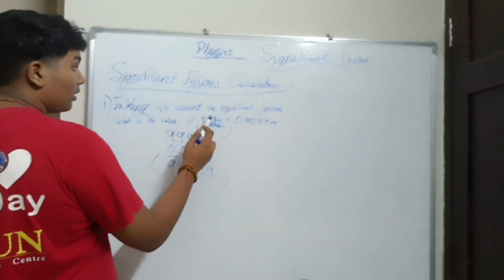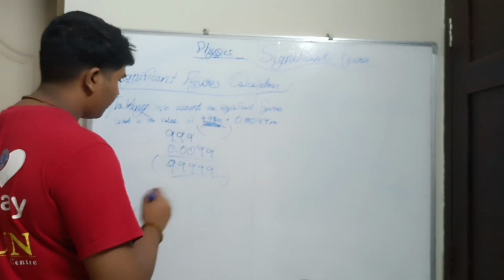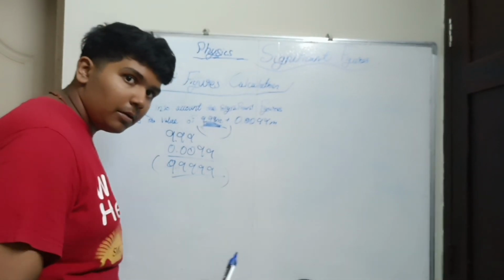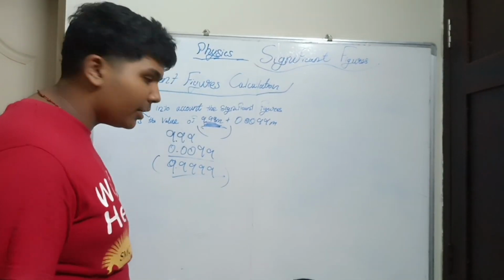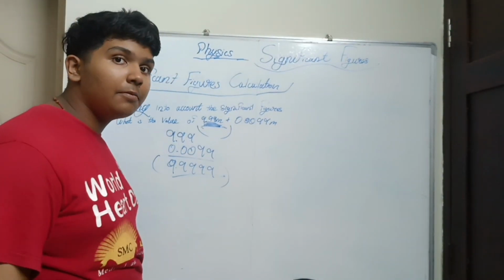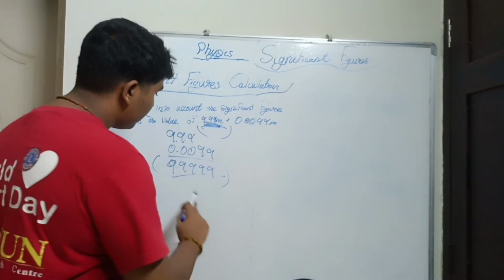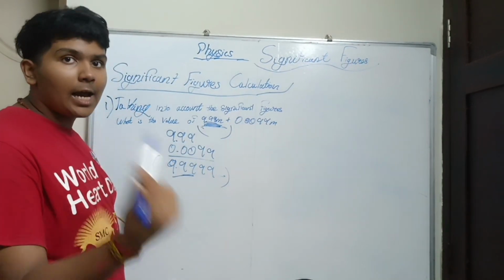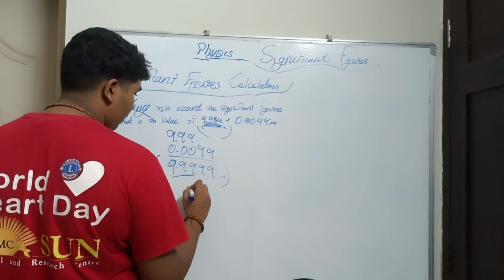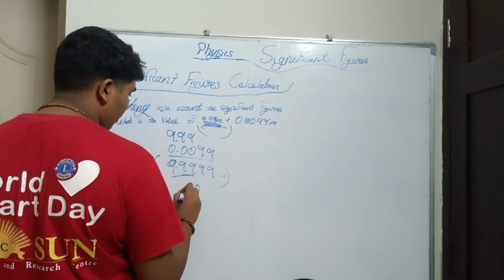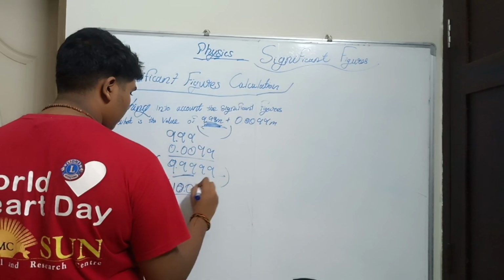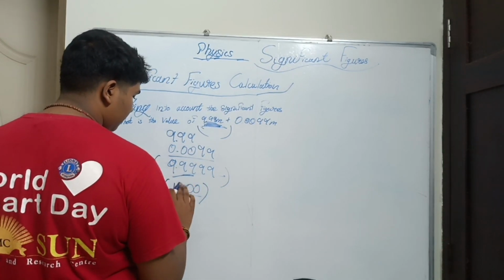So 9.99, right? So how do you round this up? We already know that if the digit is greater than 5, then the preceding digit will be added, right? So what will happen if it's added? It will be 10.00. This is the answer.